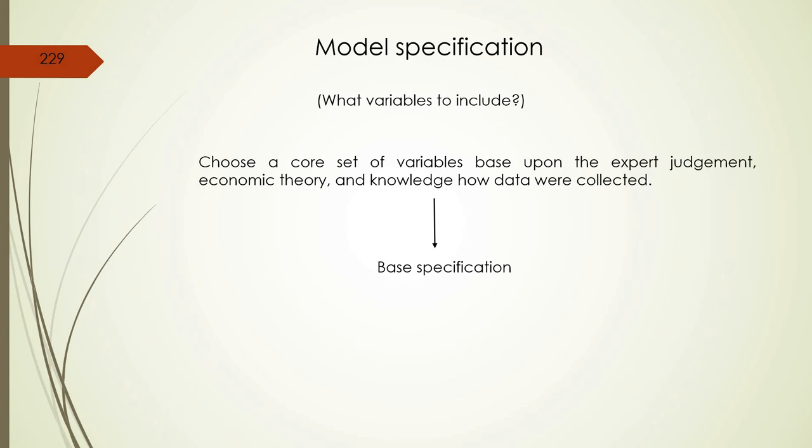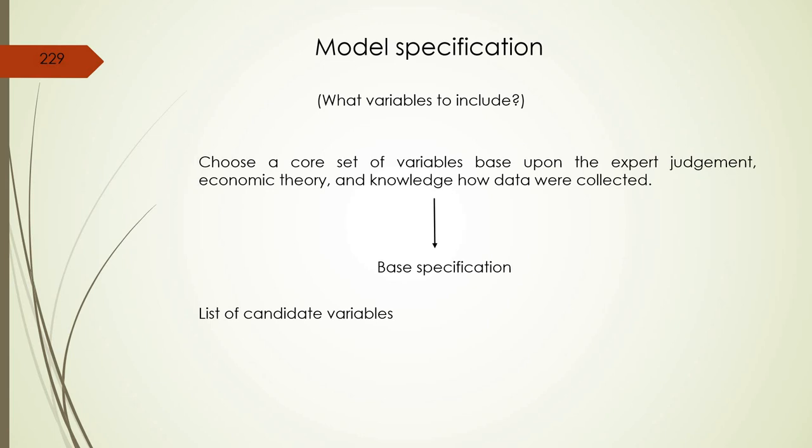So you need to read the literature about the problem that you want to explore and rely upon previous analyses in the scientific literature. That will make your base specification: the first list of variables that you want to include in the model, under the condition that you are able to collect all the data that are necessary.